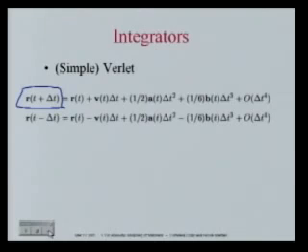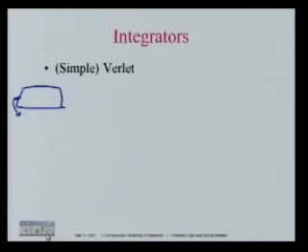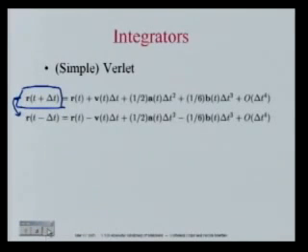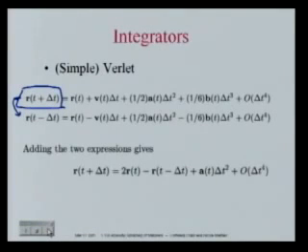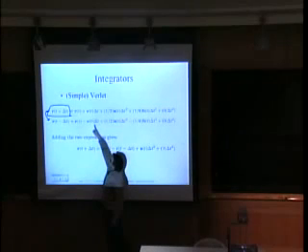So we have just done a Taylor expansion, and now what we do is we sum these two quantities together, okay? And this is what we obtain. We sum the two quantities together, all the odd terms disappear.